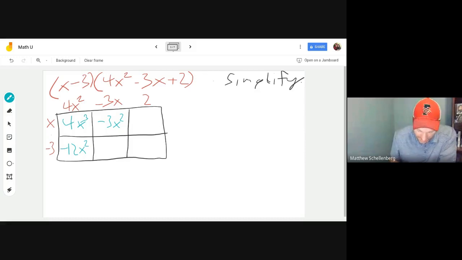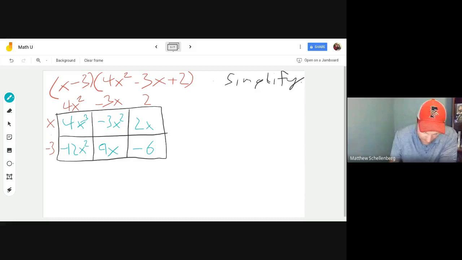-3 times -3x, when you multiply the coefficients, -3 times -3 is +9. And so you still have the x, so we get 9x. And then up top here, 2 times x is 2x. And then down below, -6.